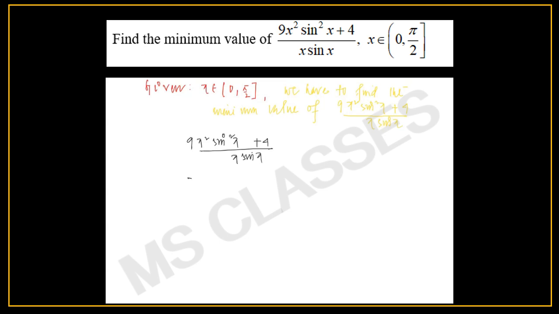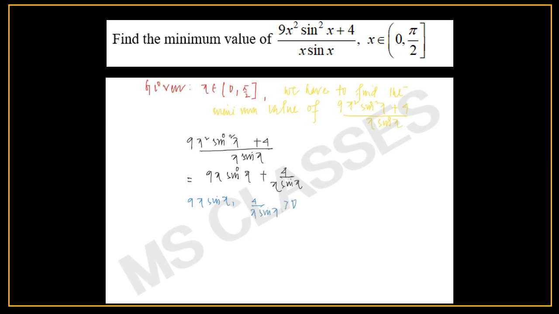So if we simplify, we get here 9x sine x plus 4 by x sine x. Now both these quantities are positive because x is greater than 0 and less than or equal to pi by 2. So here we can say that 9x sine x, 4 by x sine x are greater than 0.